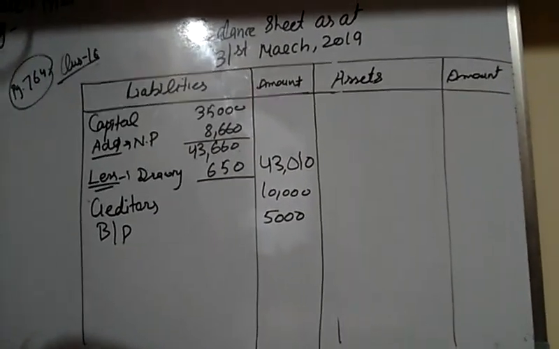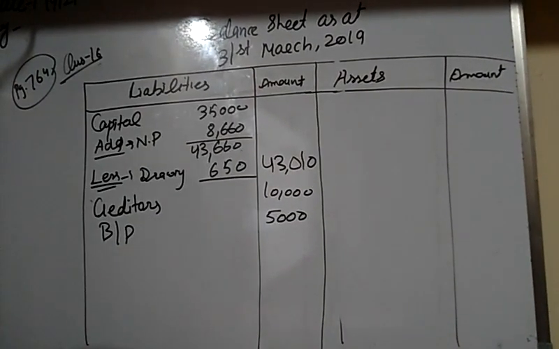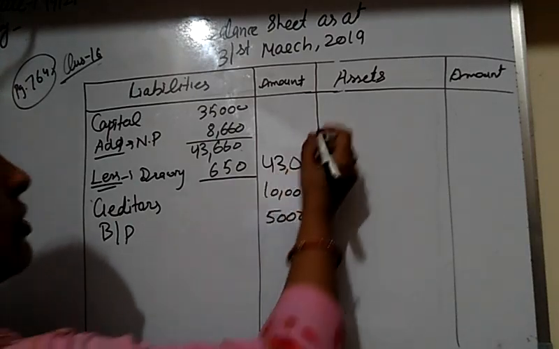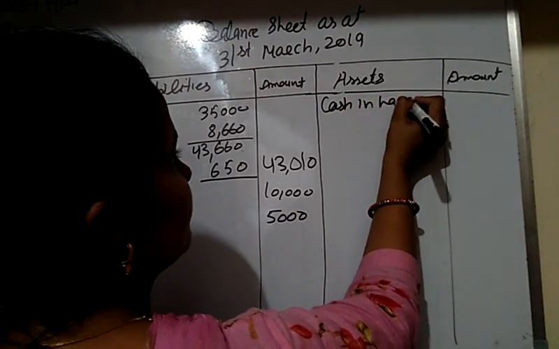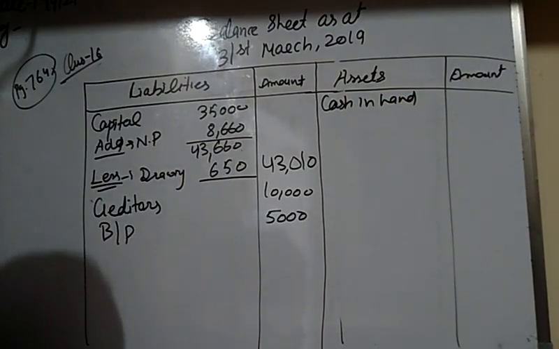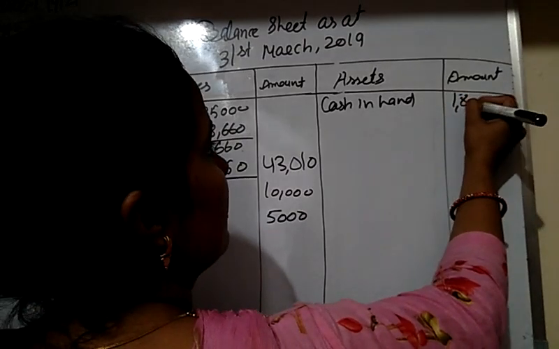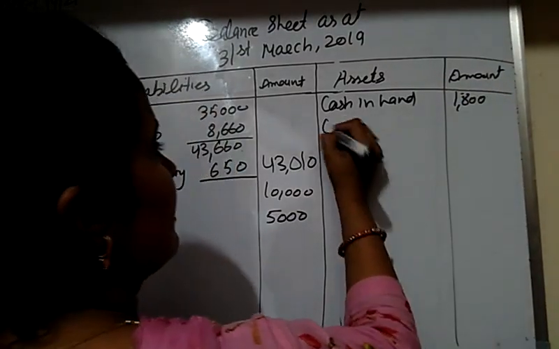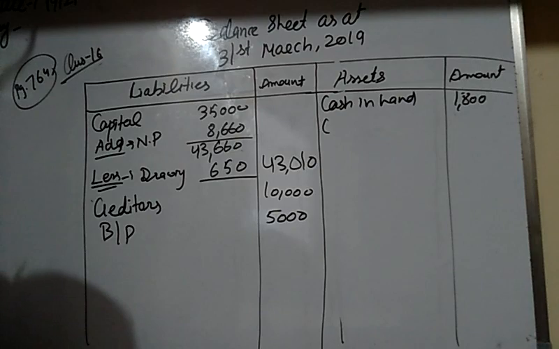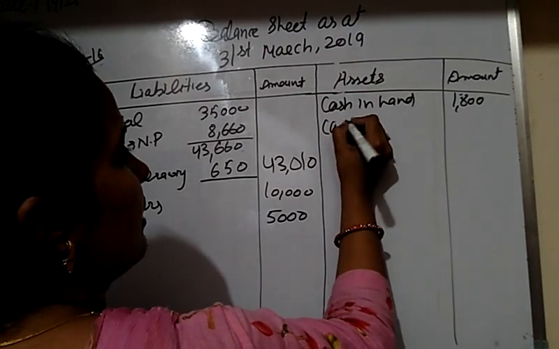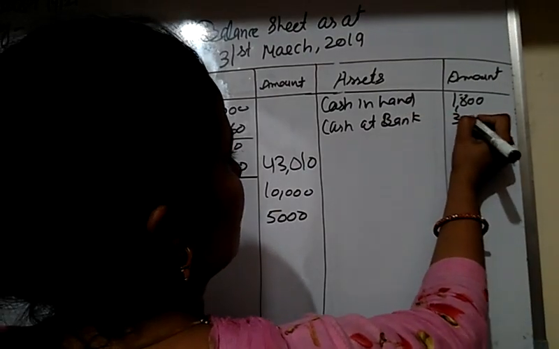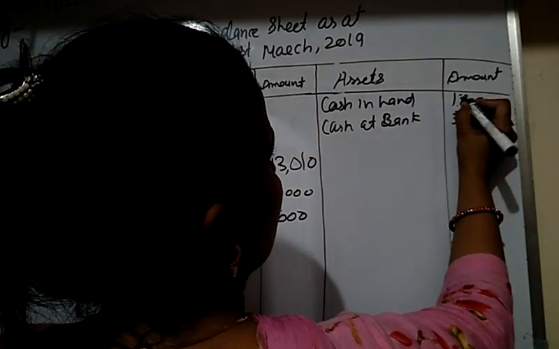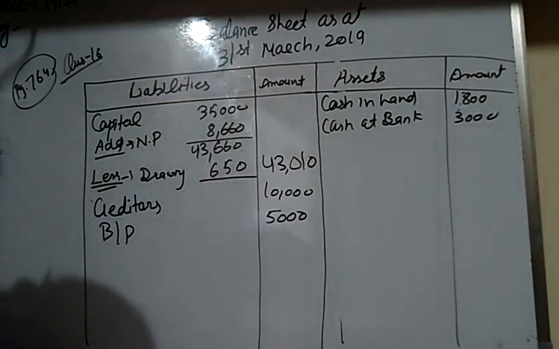On the asset side, first we record all the assets, whether current assets or fixed assets. First of all we record cash in hand, the amount is 1,800. Next is cash at bank, 3,000.